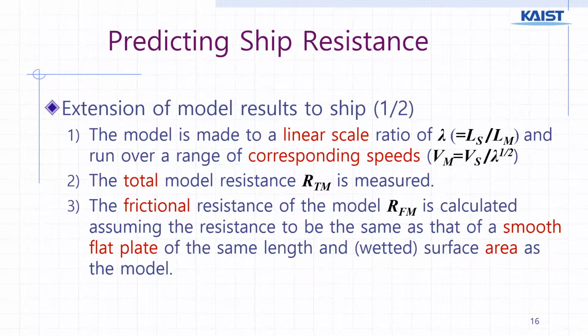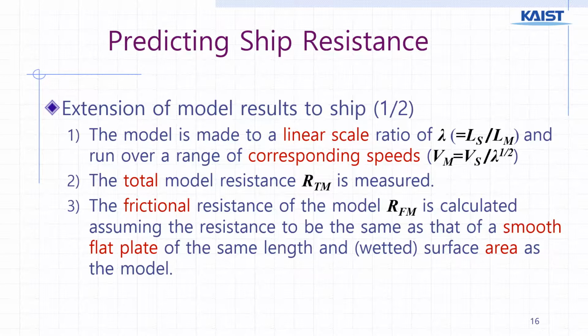But the problem is you cannot test, because the model basin, the towing tank, cannot accommodate the big model. And also it costs much more if you make bigger test models. Right? Two problems. The main problem is the size of the model basin, the pool.